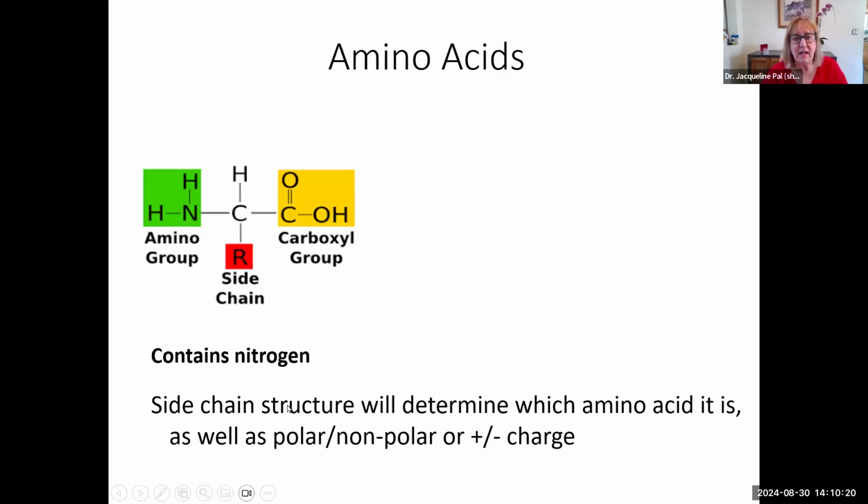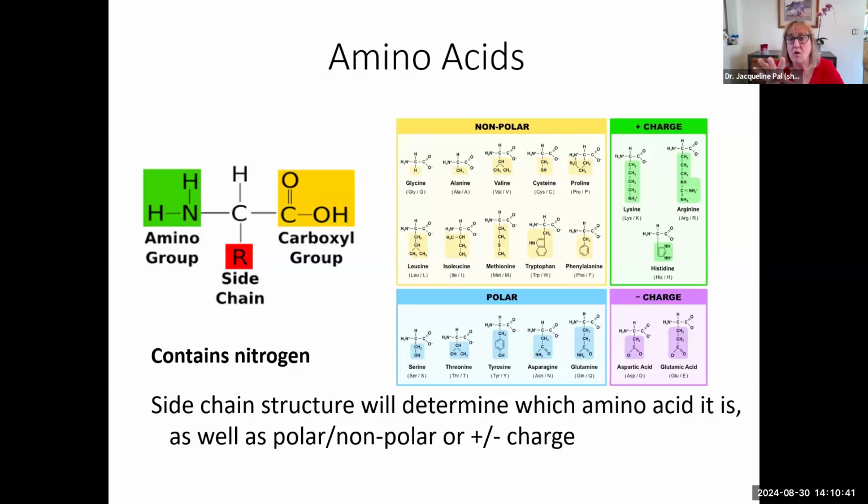The side chain structure determines which of the various amino acids it is, as well as whether or not that amino acid is polar, non-polar, has a positive charge, or has a negative charge. There are only 20 amino acids. You do not have to learn the names of the 20 amino acids. When you look at them, there are 10 that are not polar and 5 that are polar.